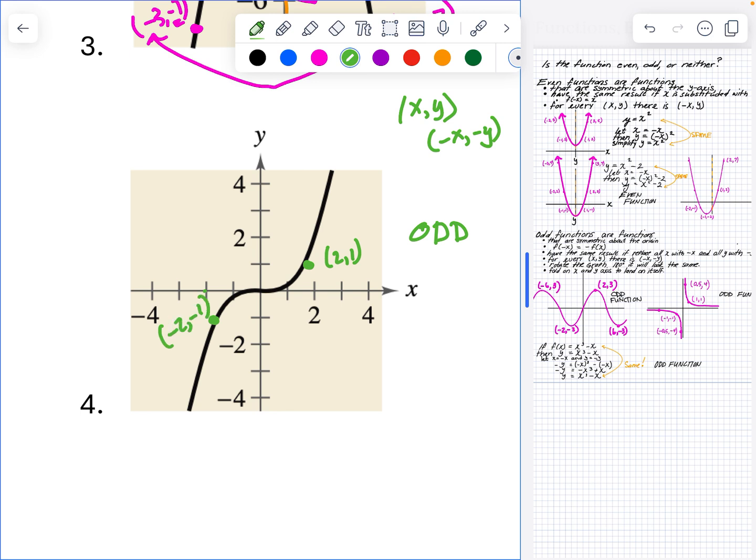Notice the x values are opposites of each other and the y values are opposites of each other. If I have this point up here, this looks like it could be the point 3, 4. That means I should have the point -3, -4. In other words, the x's are opposites of each other and the y's are opposites of each other. That's the definition of odd.